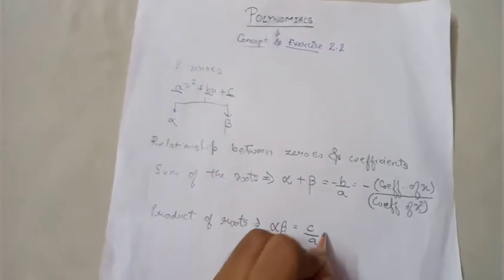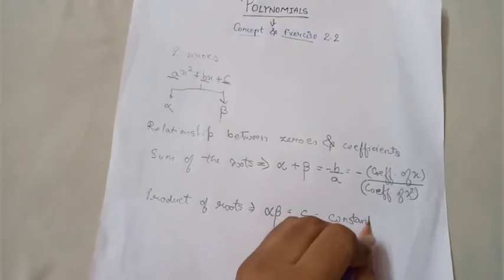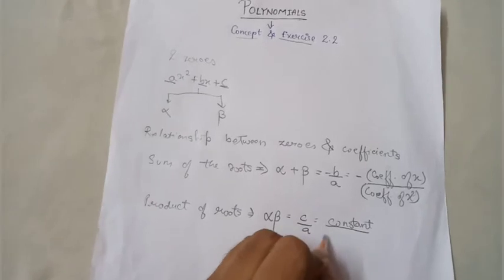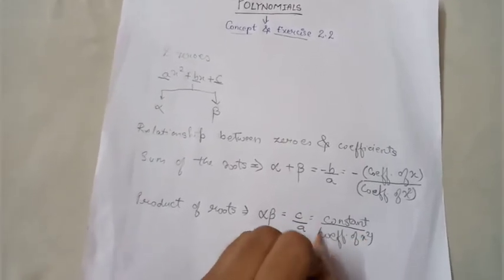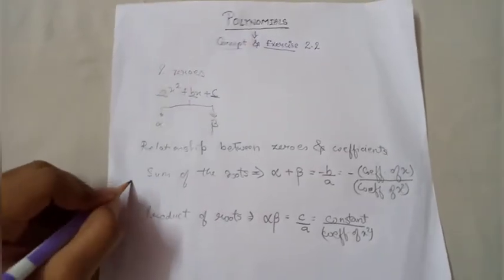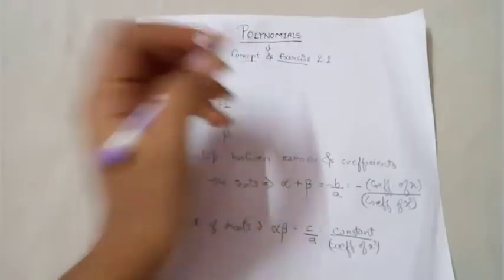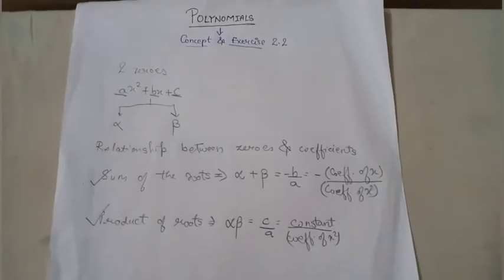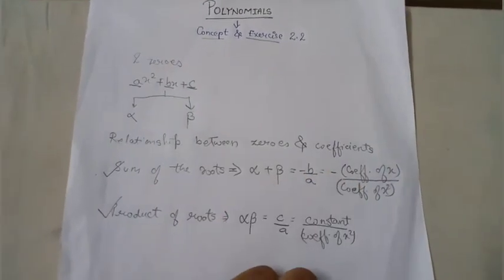So we can write constant upon coefficient of x square. Most of the time we are going to use just these two concepts for solving exercise 2.2. So now we'll start the textbook questions one by one.